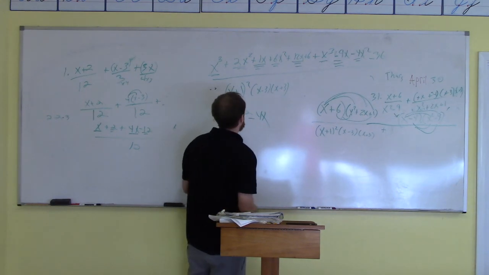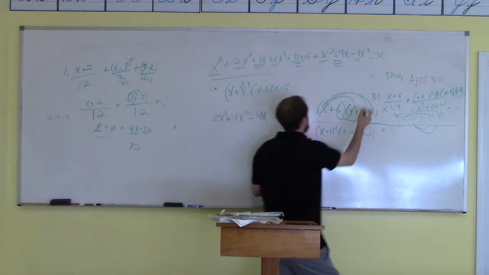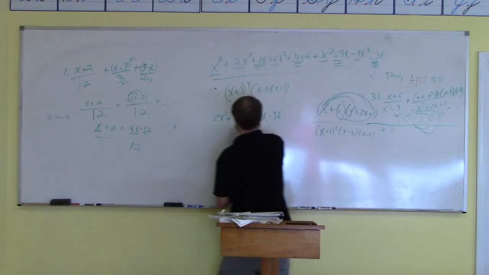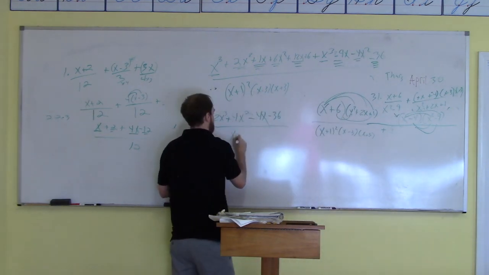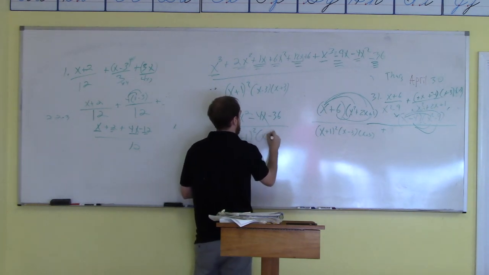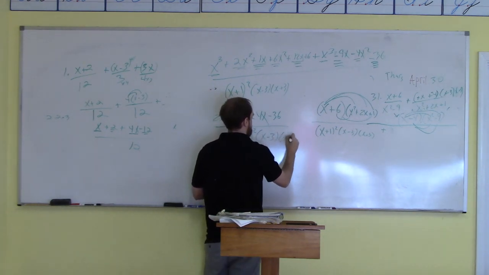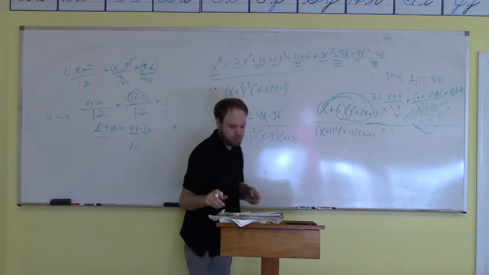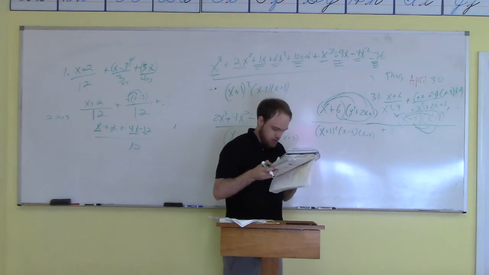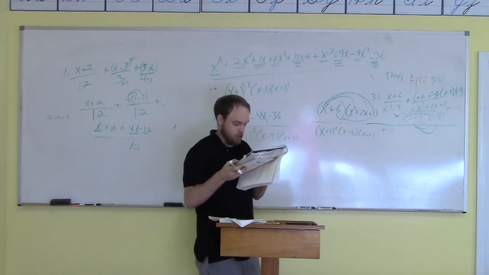And then I can do my plain numbers, which would be the negative 36. And then all of that would be over x plus 1 squared, x minus 3, x plus 3. And so that would be your answer.